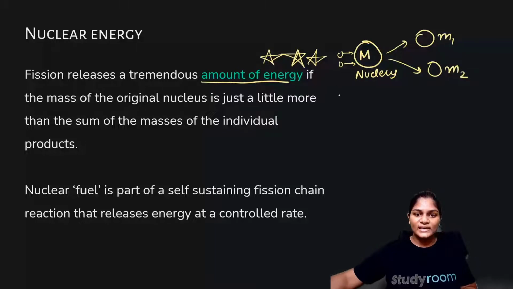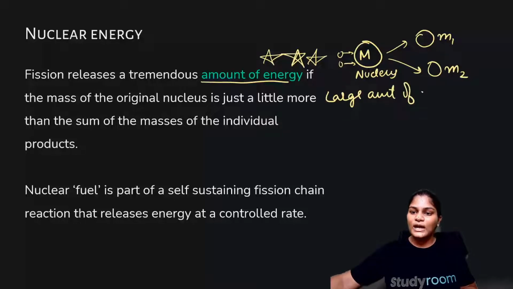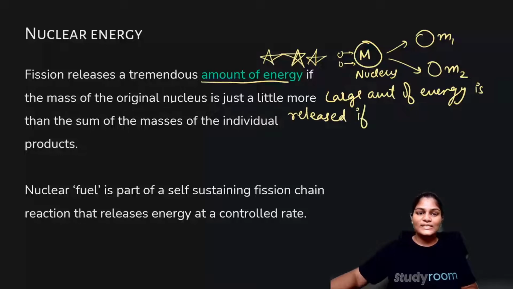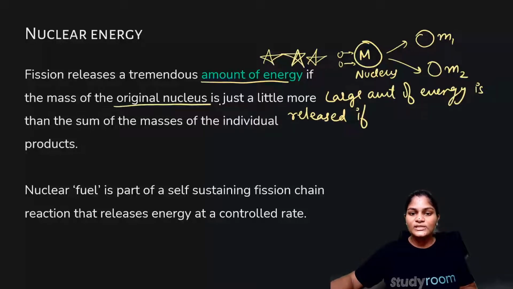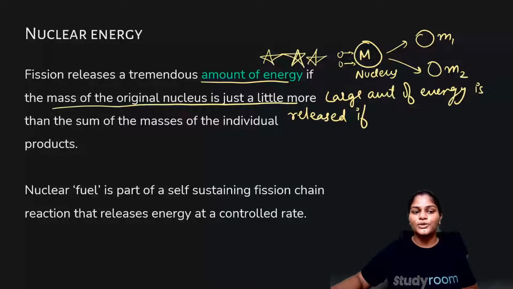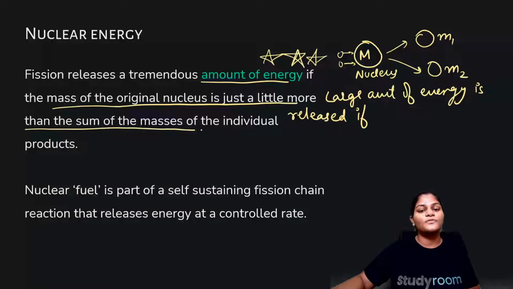So what does it say? A large amount of energy is released if, what does it say here? The mass of the original nucleus is just a little more than the sum of the masses of the individual products.